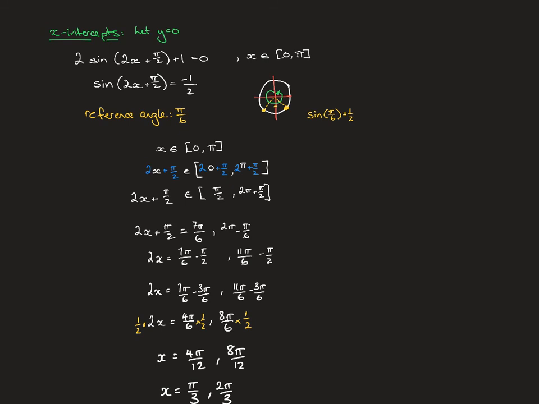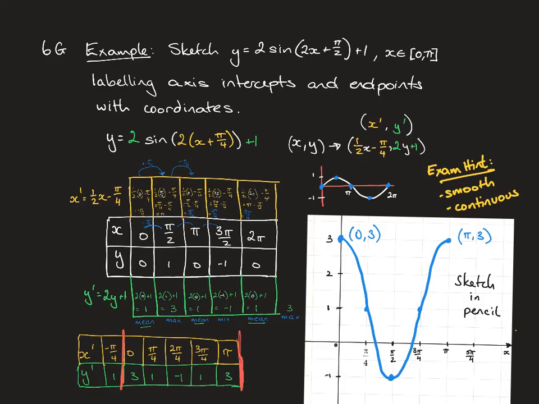So now we need to put these x-intercepts onto our graph and then check that we've done everything. So our x-intercepts are π/3 and 2π/3. Now it's always good at this point to go back and double check that you've done everything that you need to by reading through the question again.